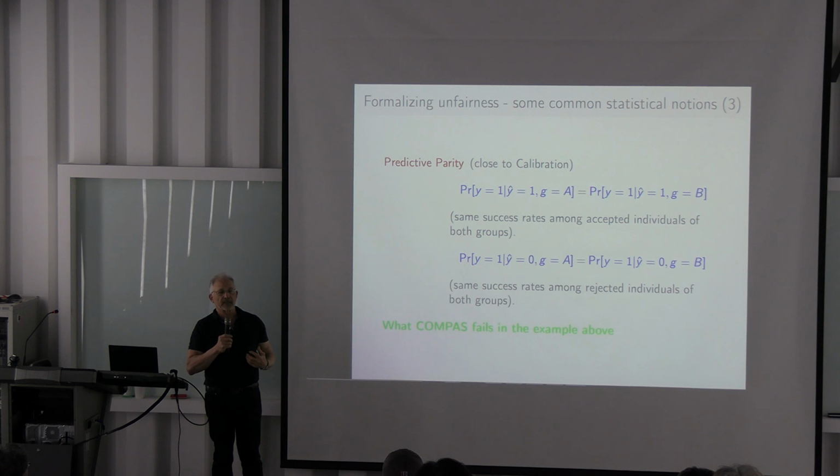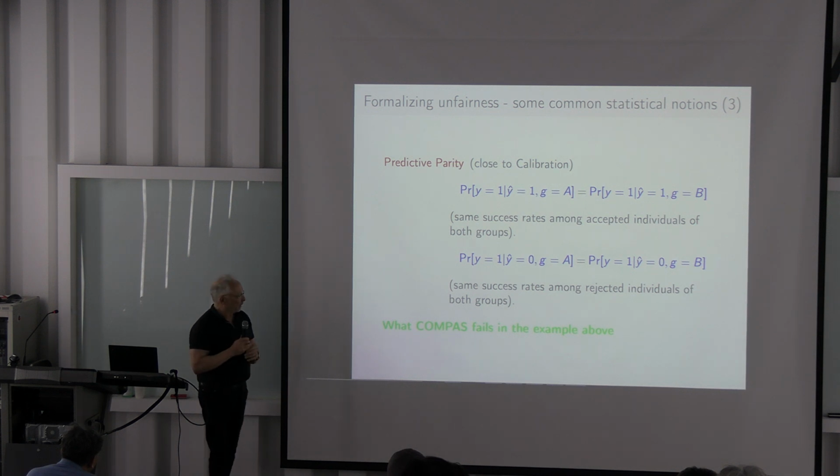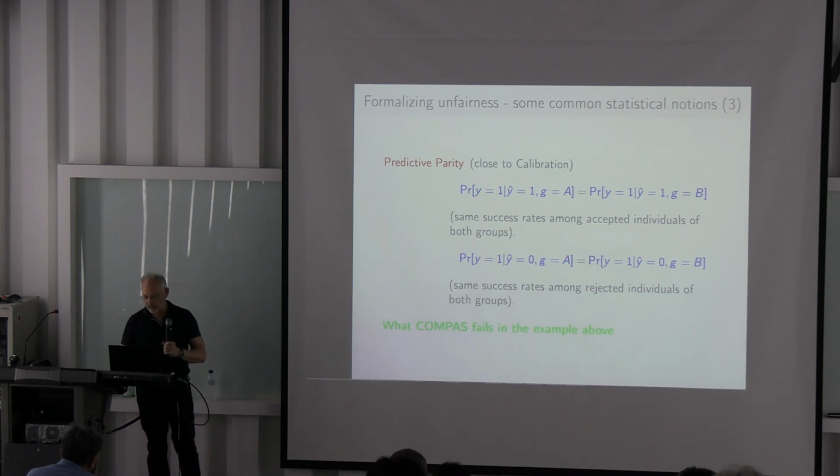If among those that I accepted, I see that the success rate of, say, women is higher than the success rate of men, it means that I was too lenient in accepting men compared to how strict I was in accepting women. I only accepted women that are really successful. So this could be a very reasonable notion of fairness.